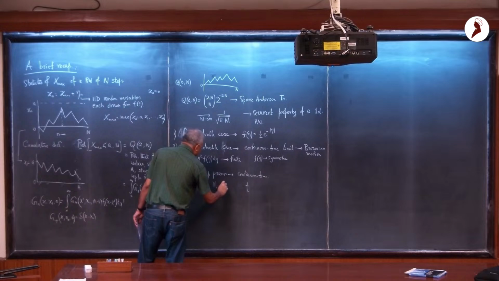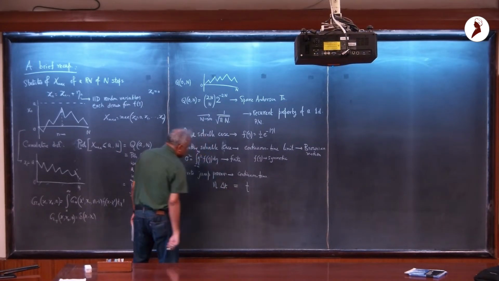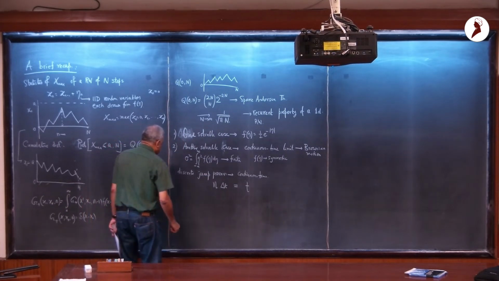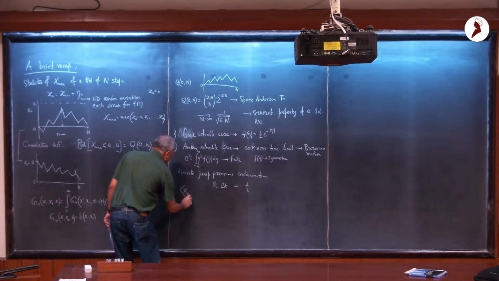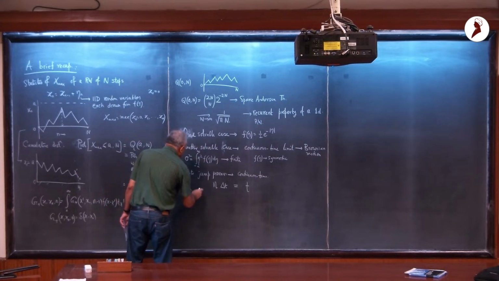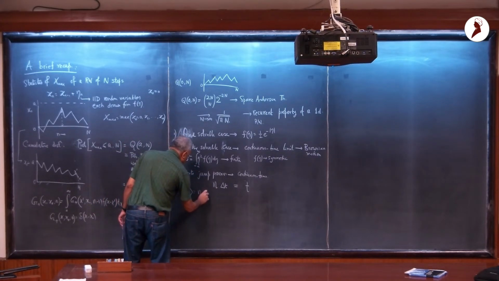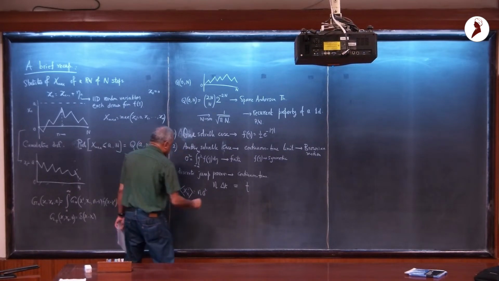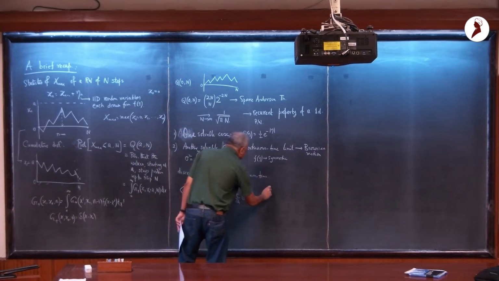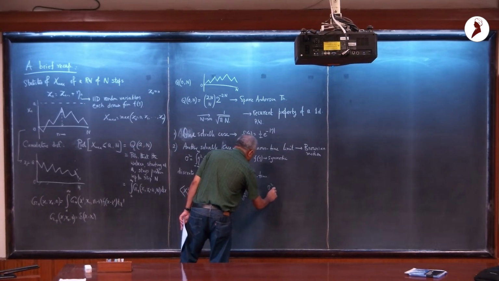So what we do is make a time step of length delta t, so that n delta t is actually t. And then you have to take the limit delta t goes to 0. But then we saw that the variance of the position after step n was exactly n times sigma square in the discrete process. So if I want to do the continuous limit, I have to replace this n by t over delta t, and sigma square. So to make this of order 1, you must take sigma square proportional to delta t.